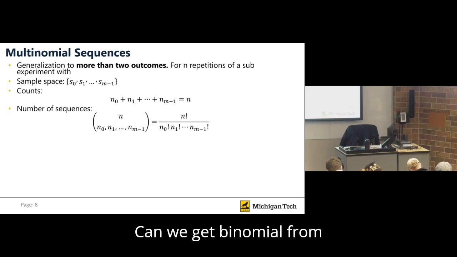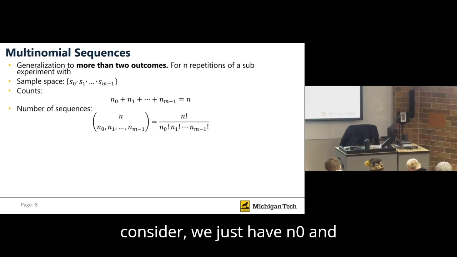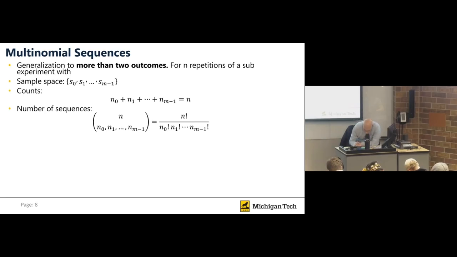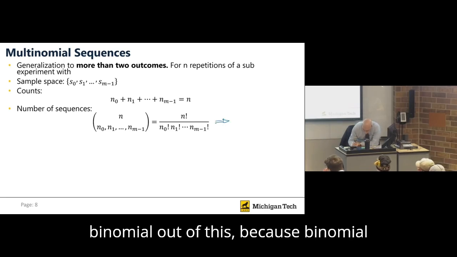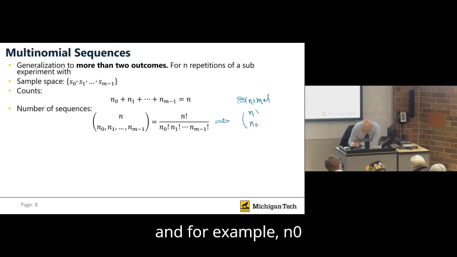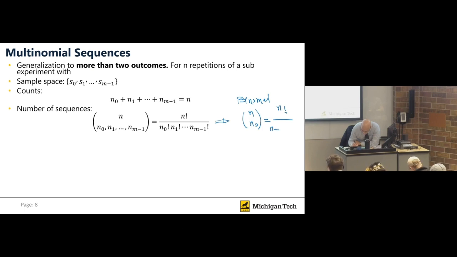Can we get binomial from this? Yes. If we consider we just have n0 and n1, we can get binomial out of this, because binomial is n factorial over n0 factorial times (n minus n0) factorial.